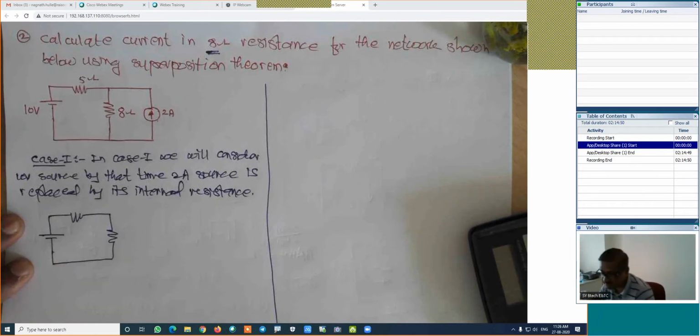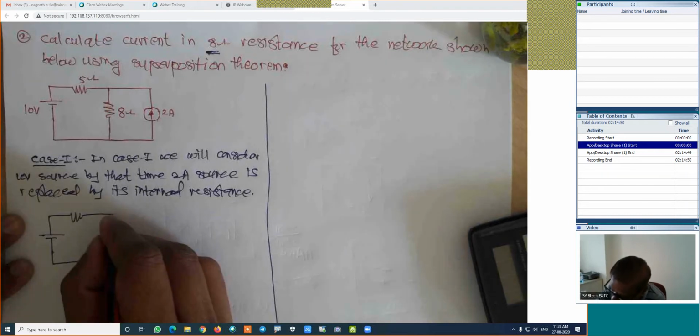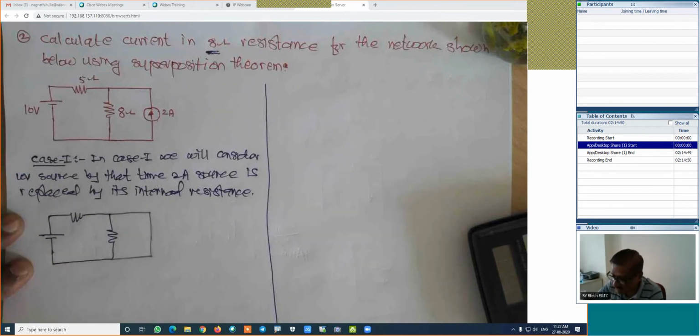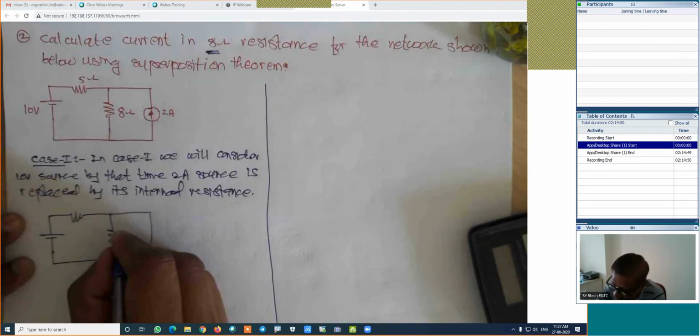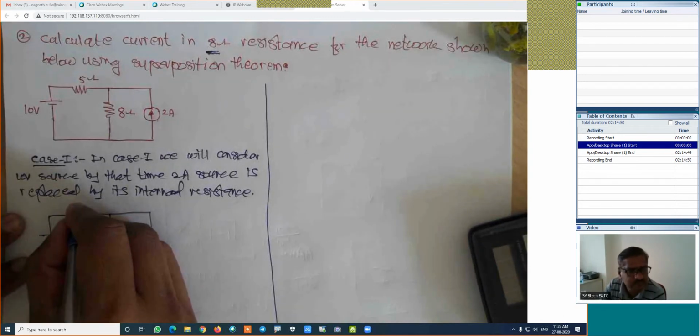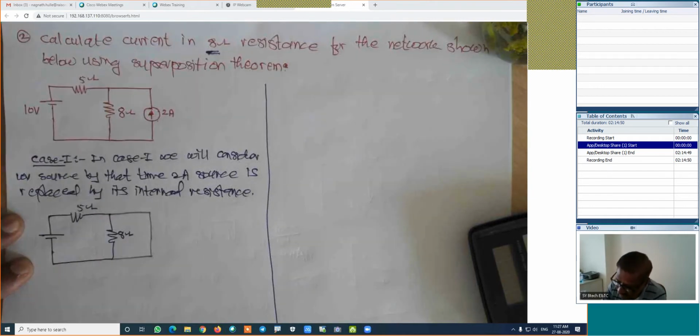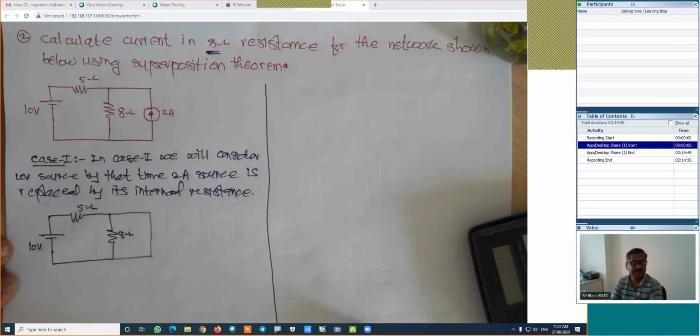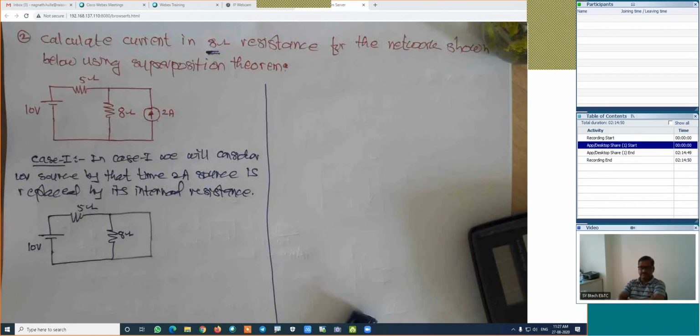Figure will be something like this. करेक्ट है? फिगर करेक्ट है या नहीं है? Anyone? Is the figure correct or wrong? I'm expecting the answers from your side.